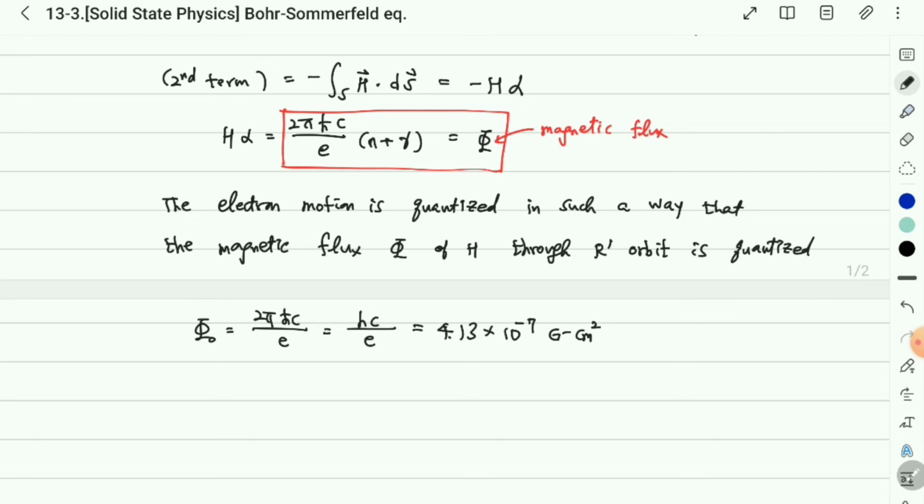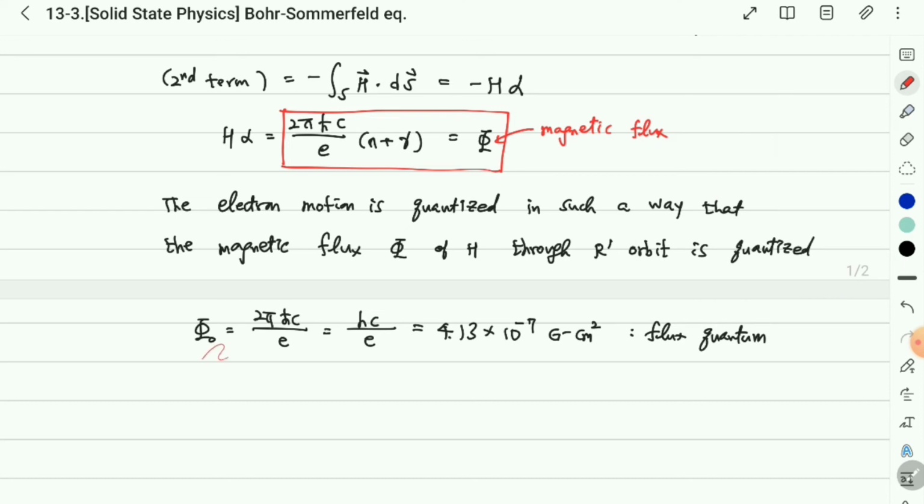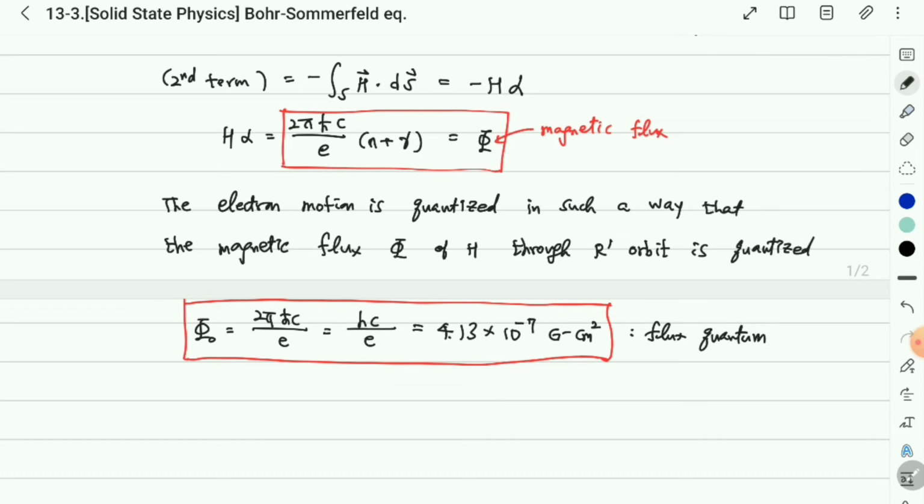We call it a flux quantum. It means that the magnetic field is quantized in quantum mechanics, and this is a basic unit of the magnetic field, and the magnetic field is quantized as a magnetic flux quantum.